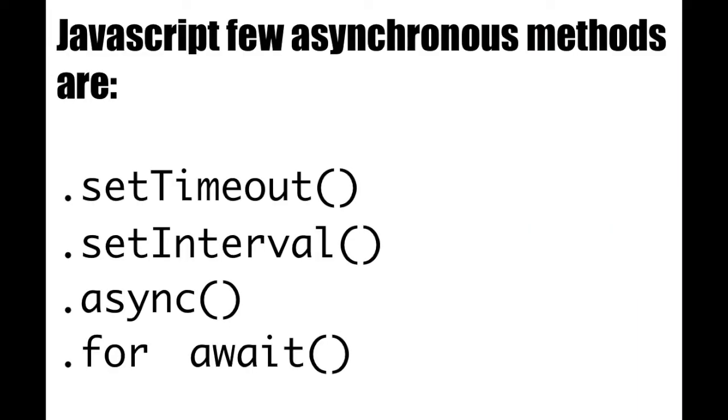Now let's come to the asynchronous methods. We have multiple asynchronous methods like setTimeout and setInterval, and these are methods wherein you can set some timer like some milliseconds or some time, and you can do your service call.